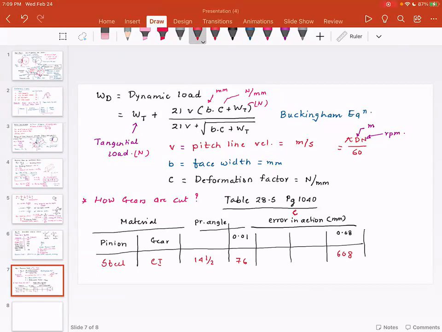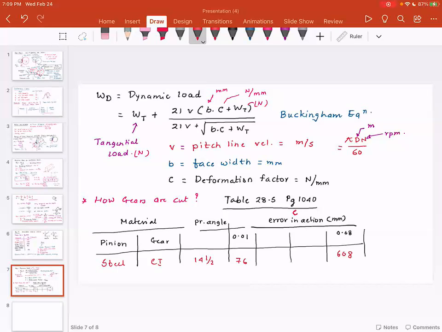on the type of cutter that we are going to use. You can think about it like this: if our cutter is quite accurate, or if our tolerances are very well controlled, then our deformation factor is going to be low. If our cutter is worn out, or if it has more tolerances, then our deformation factor is going to be quite high.